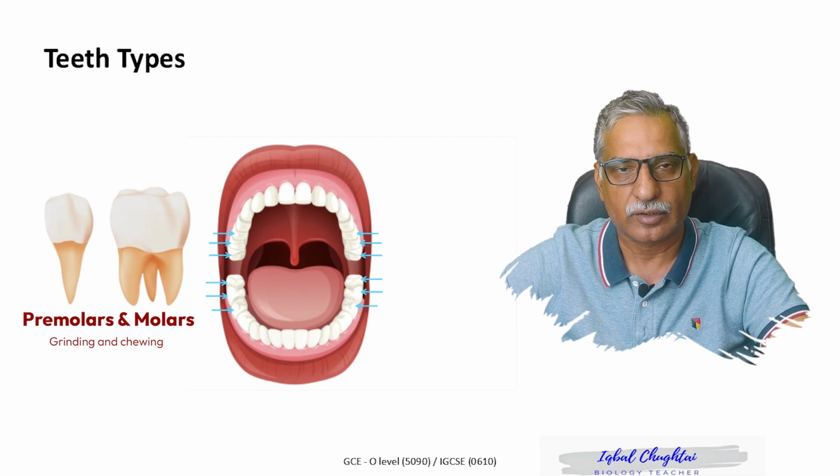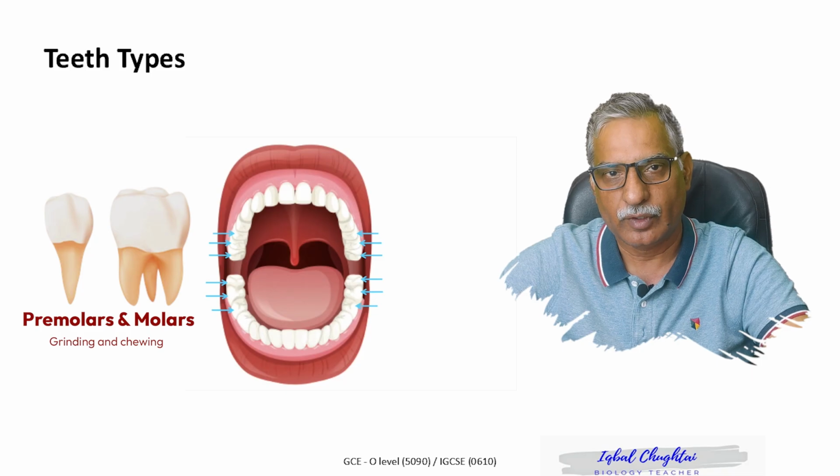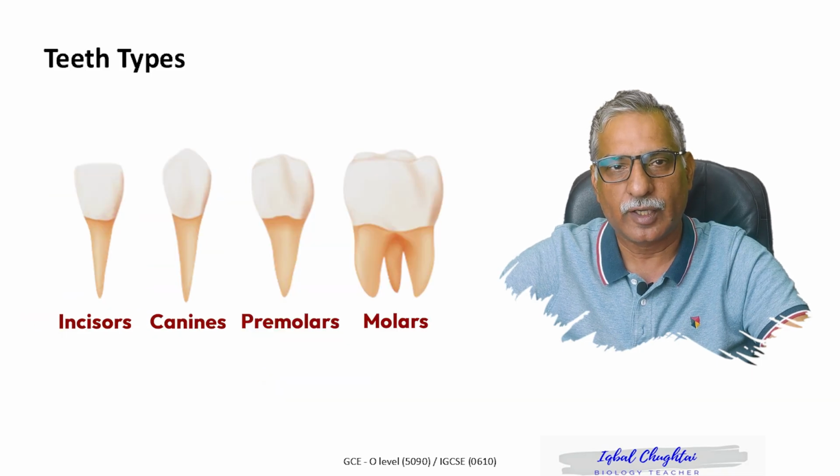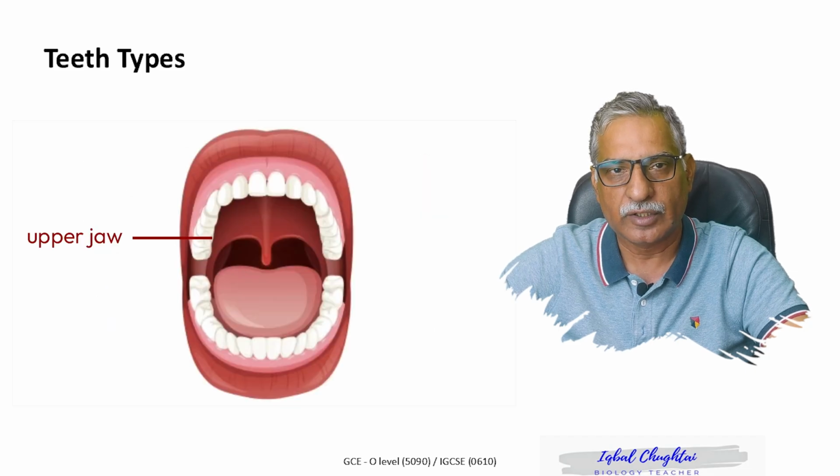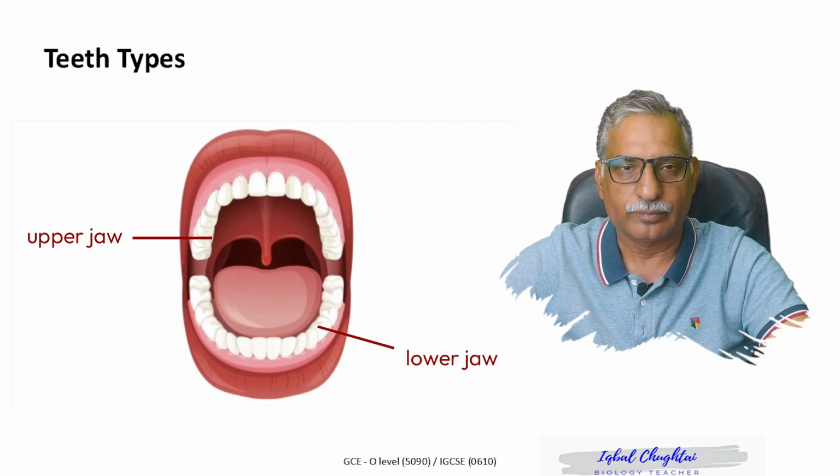for chewing food into smaller granule-like pieces. These 4 types of teeth are arranged in 2 jaws, the upper jaw and the lower jaw, in a sequence in the human mouth. Remember, we are discussing the teeth found in the human mouth.